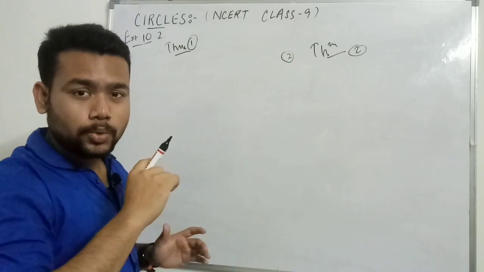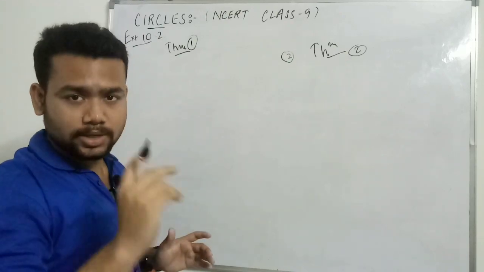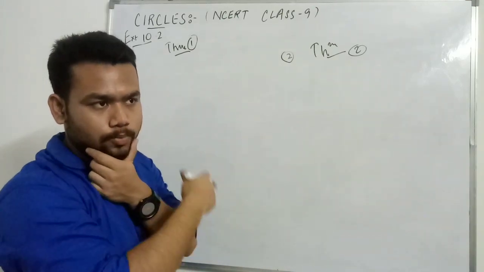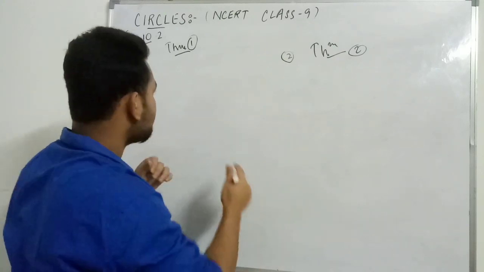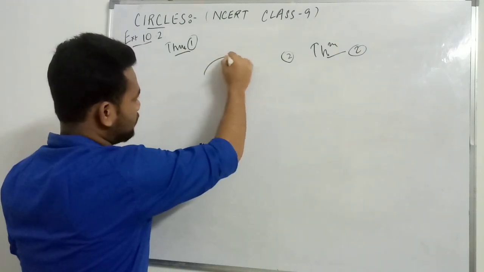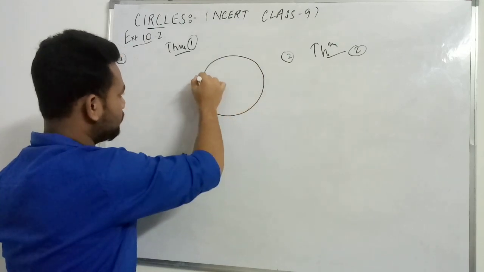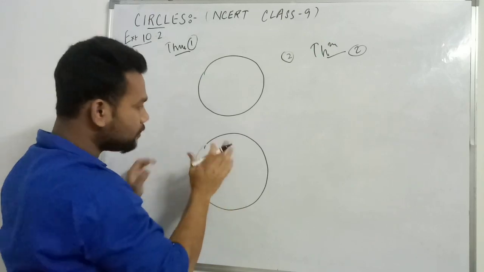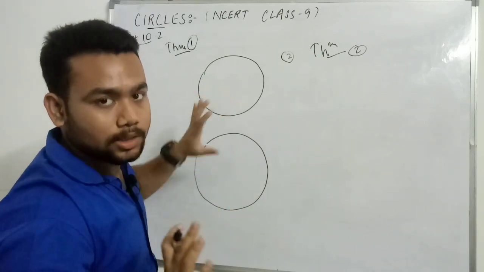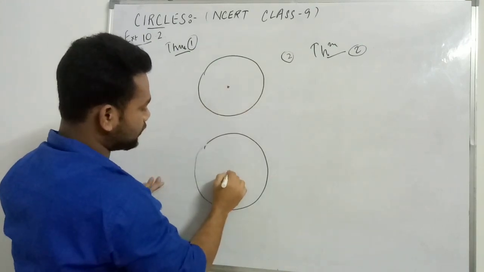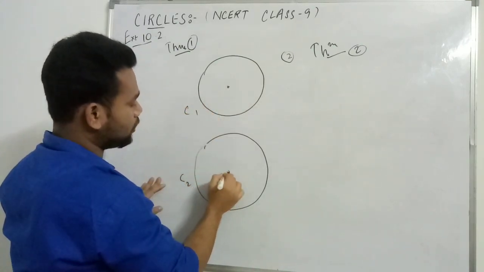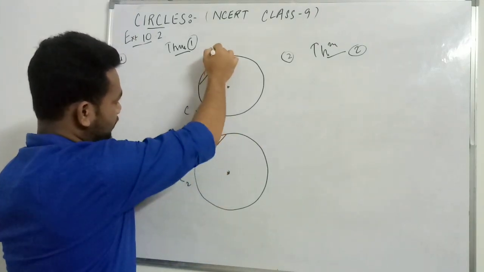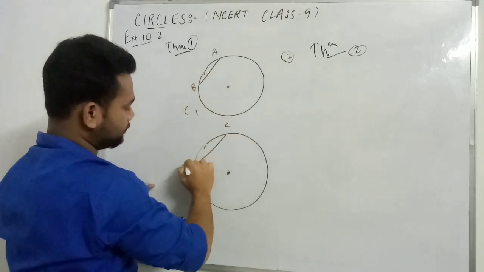They have mentioned congruent circles, right? Means in the earlier proof, I did the whole proof in only one circle, right? Now, in the questions, it is given that these two circles C1 and C2 are congruent, and their chords AB and CD are equal.